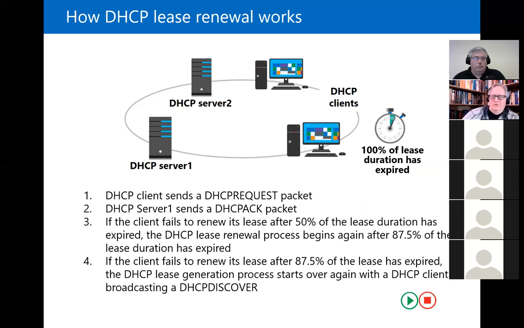Peter, I got a question in the meantime, and I appreciate your indulgence. You're showing that the leases are automatically renewed and we can adjust that time. Is the standard 50% of its time, or has that always been a standard?